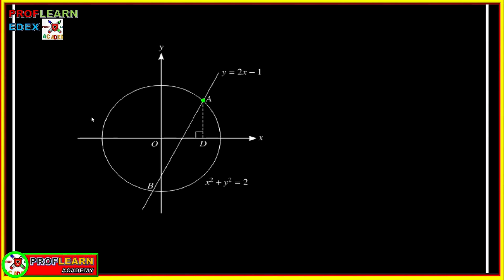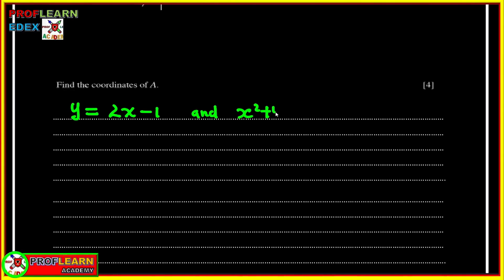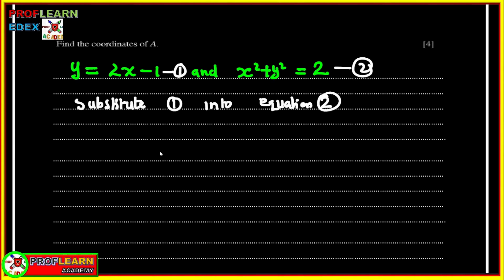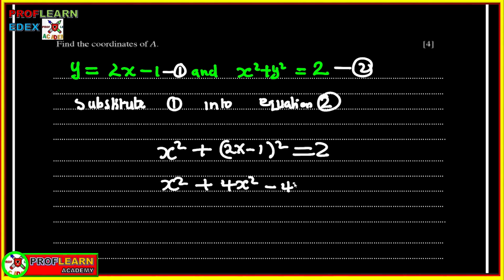So we were given y equals 2x minus 1, and the equation of the circle equals that. So substituting equation 1 into equation 2, we are going to form a quadratic equation which we are going to solve.